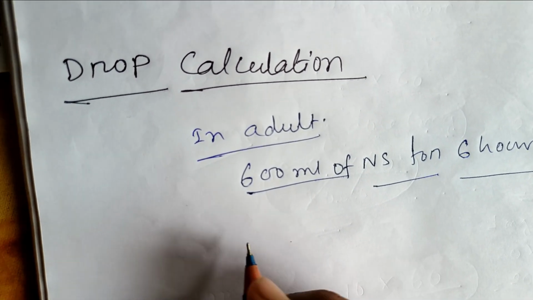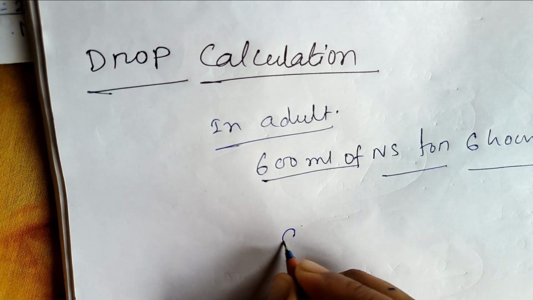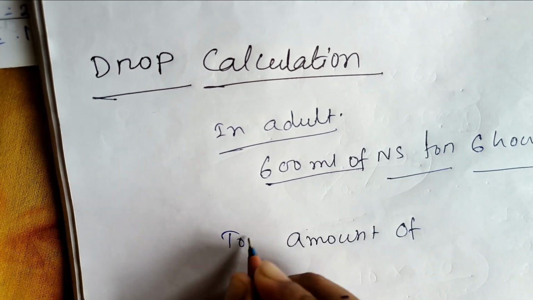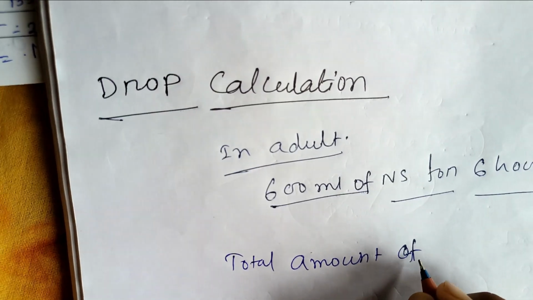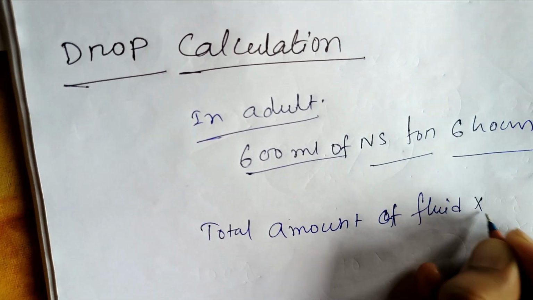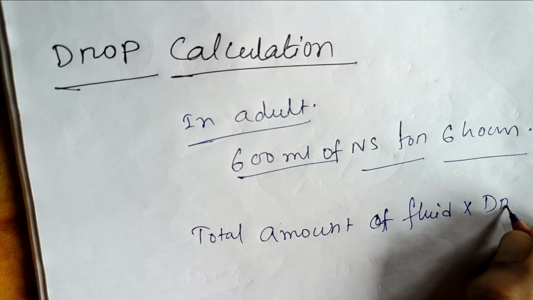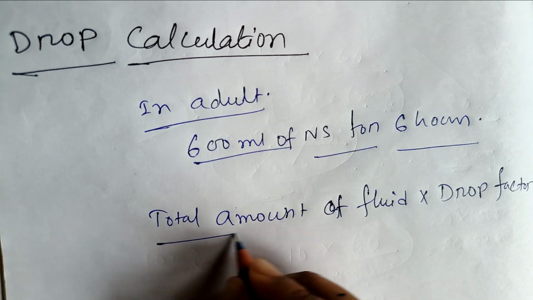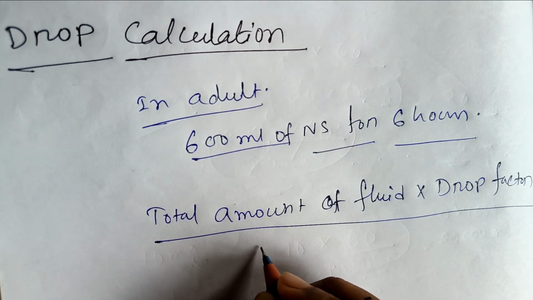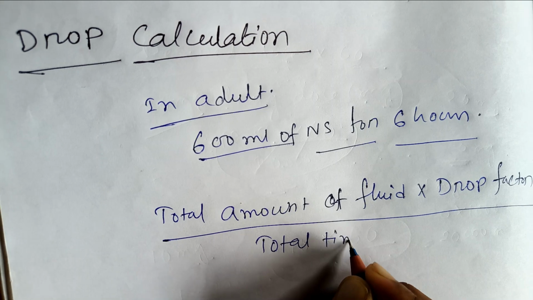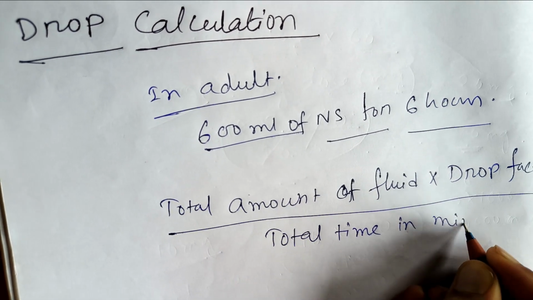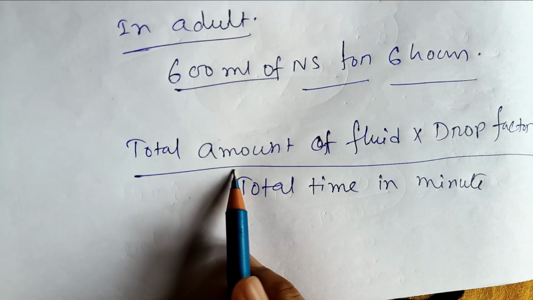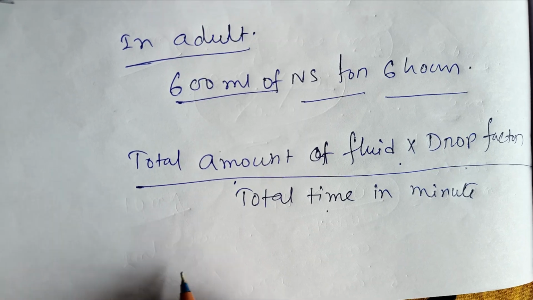In that case, the formula is the total amount of fluid multiplied by the drop factor divided by total time in minutes. So that is the formula: total amount of fluid into drop factor divided by total time in minutes.